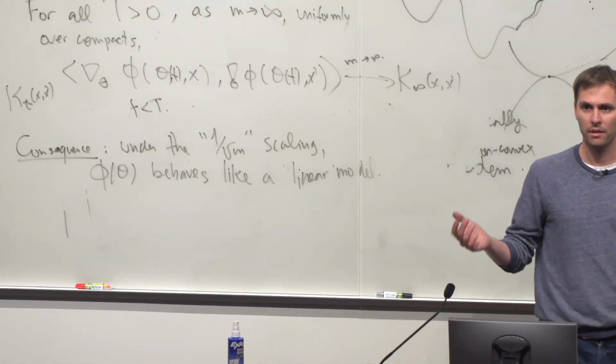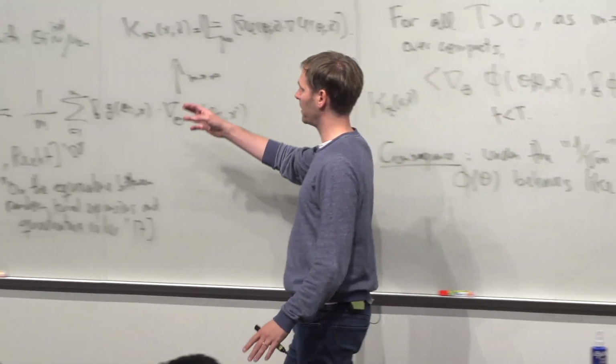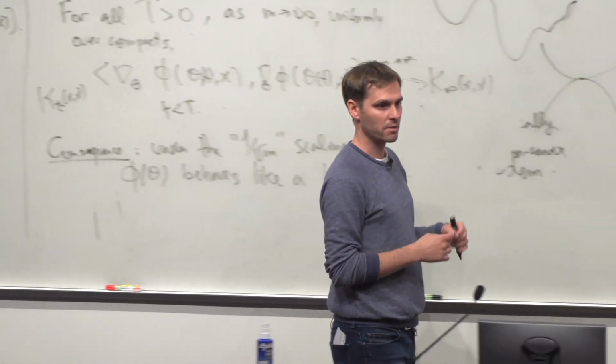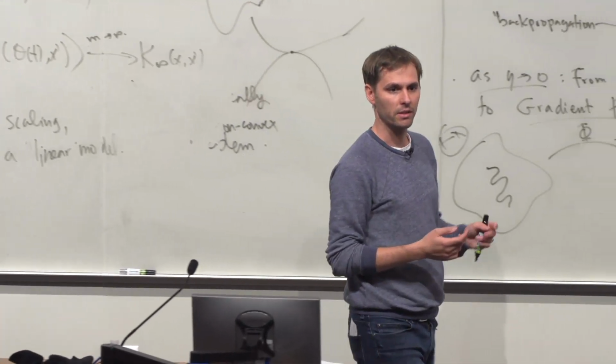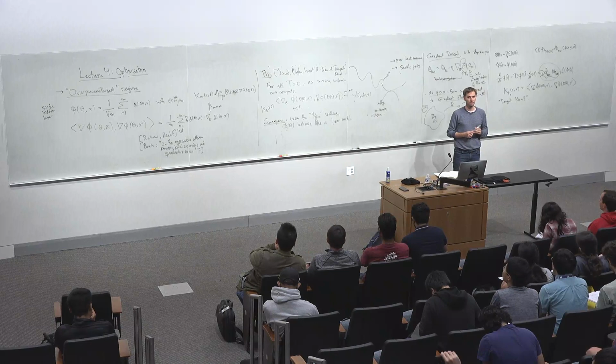And this result, I just illustrated here for simplicity when you have a single hidden layer. But if you look at the result, there's nothing particular about the single hidden layer. It's also valid for generic deep neural networks.